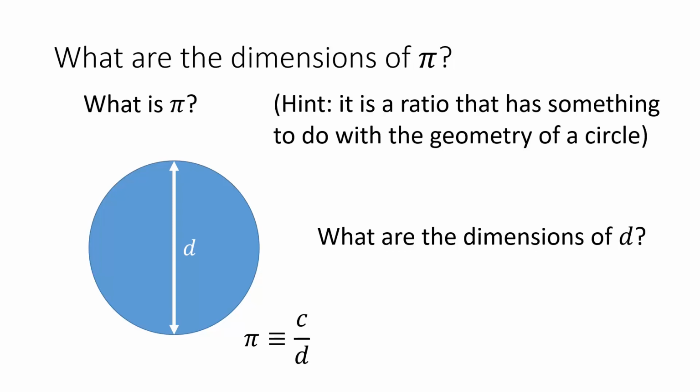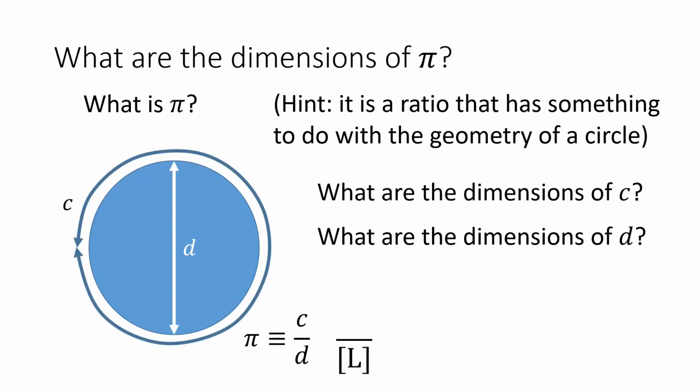Now this distance, in terms of dimensionality, the fundamental dimension for a distance is what we call length, or a capital L. So if the diameter has a dimension of length, and that's the fundamental dimension, we can move on to circumference. It's a little bit trickier, but if you notice, circumference is curved, but it's still a length, right? It's a curved length, but it's still just a length.